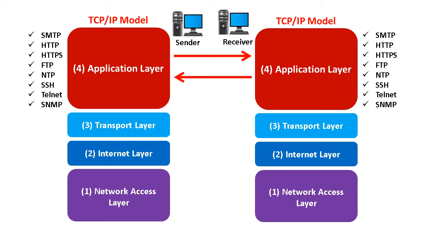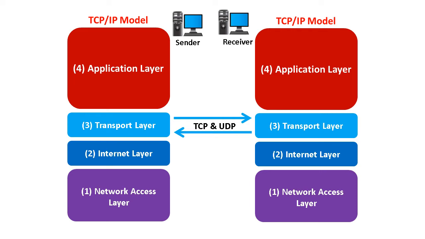It uses protocols like SMTP, HTTP, HTTPS, FTP, NTP, SSH, Telnet, SNMP, etc. All work on this layer. In this layer, data acts as a protocol data unit, in short normally known as PDU.